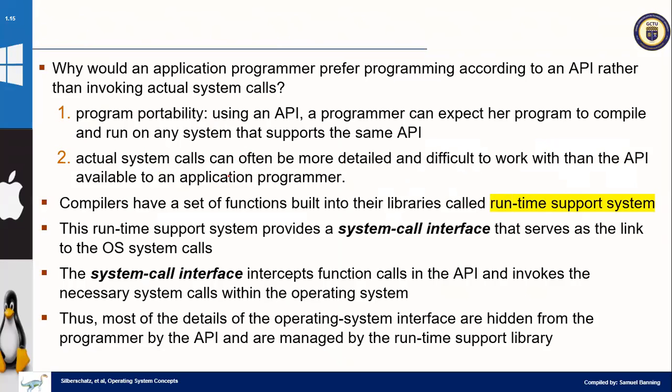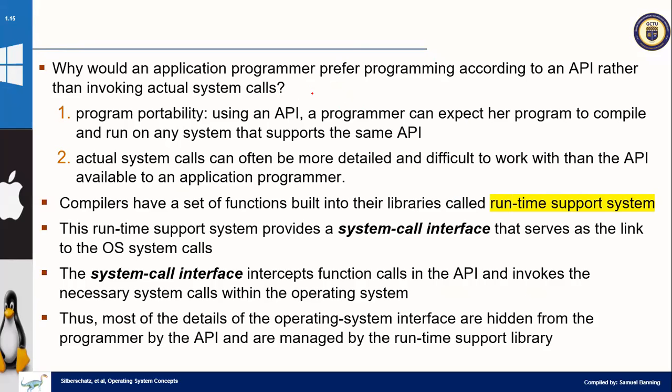Now, some compilers have a set of functions built into their libraries that can also perform system calls. So apart from the APIs, a compiler can also give you code to write, and it will perform system calls on behalf of your program.